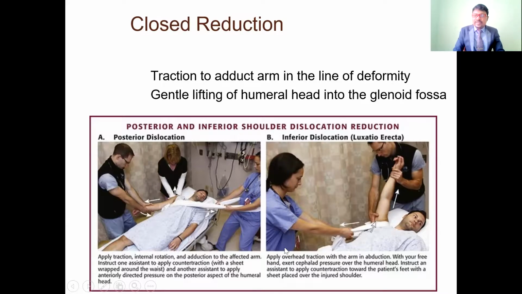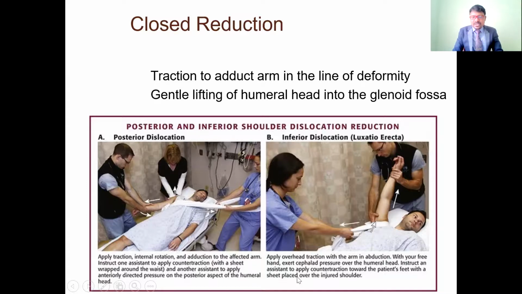In case of inferior dislocation, it is also the same, but here you are going to apply overhead traction. For inferior dislocation, we give overhead traction upwards, with the arm in abduction and with your free hand. We do the abduction movement and maintain the overhead traction. Exert cephalic pressure over the humeral head.